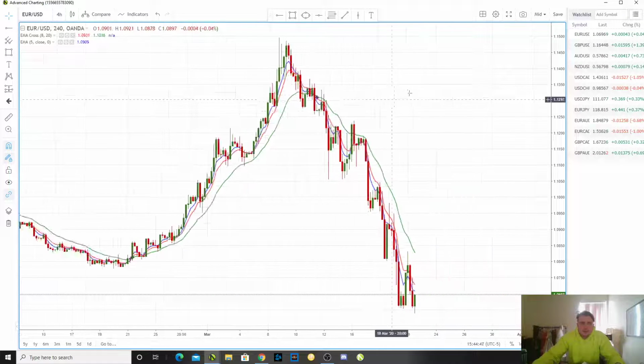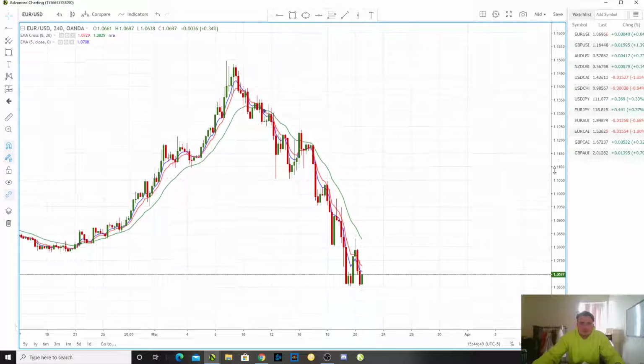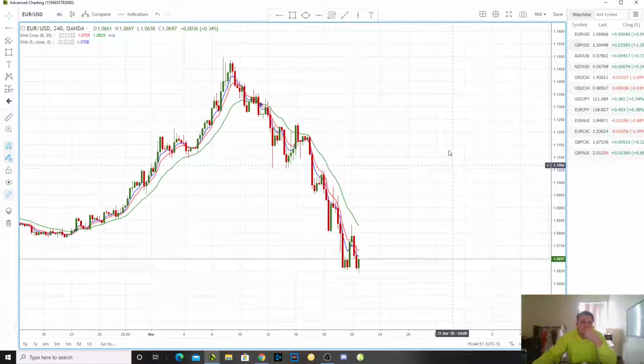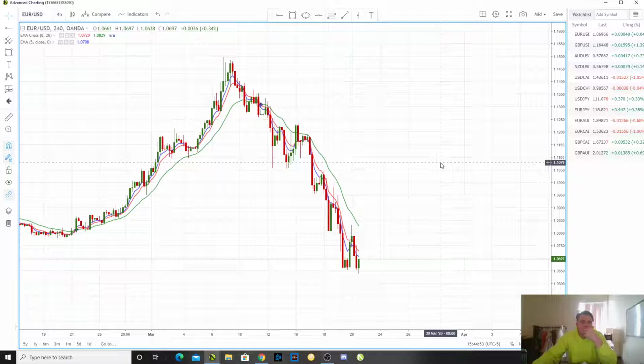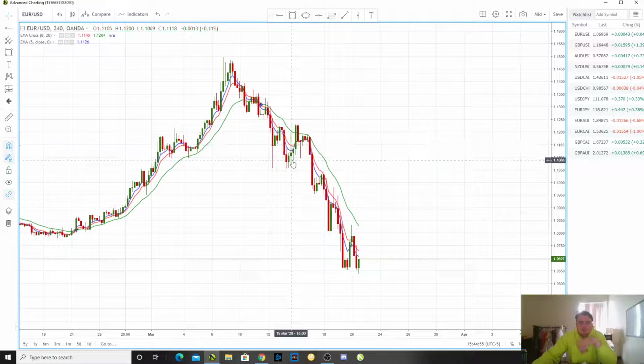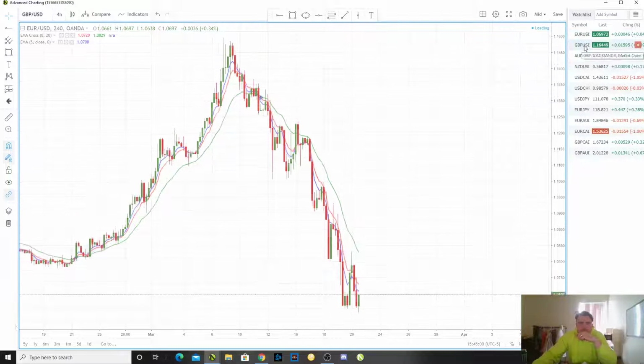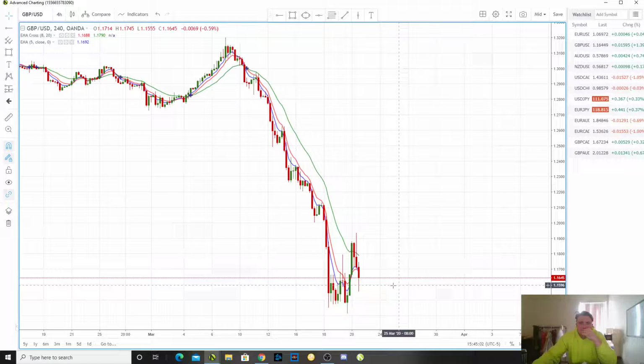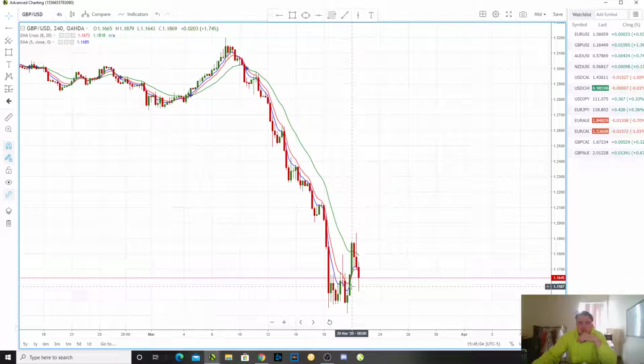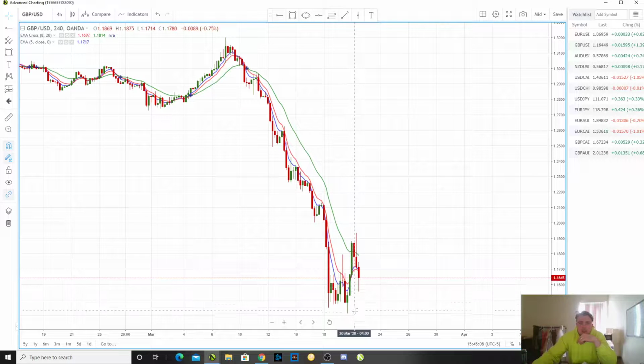Thicken her up. Yeah, see, that just moves too much. So yeah, that would be the entry right there on this candle. Stop below there. That's just, I think, too much.